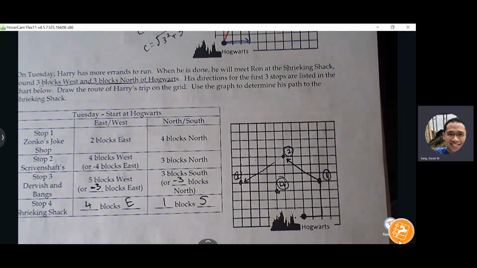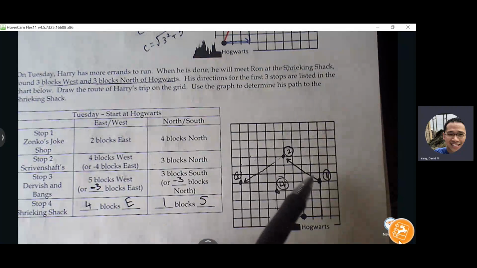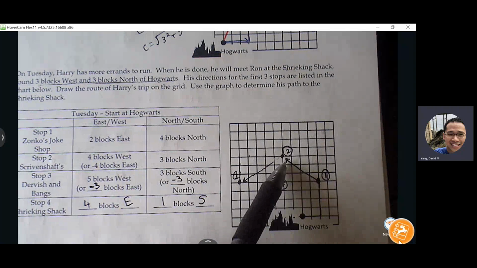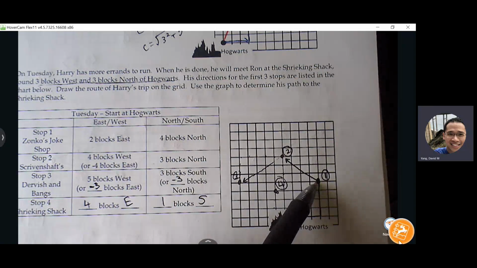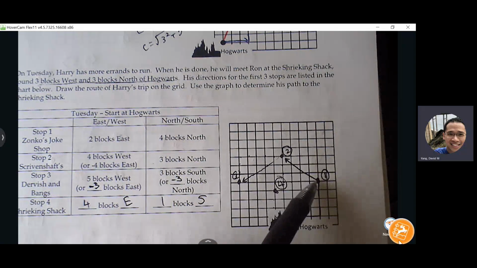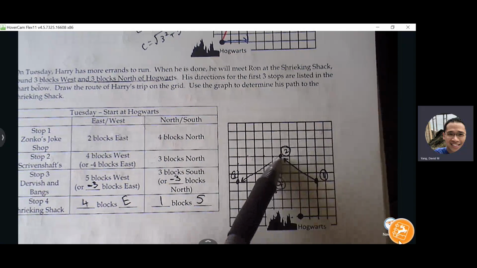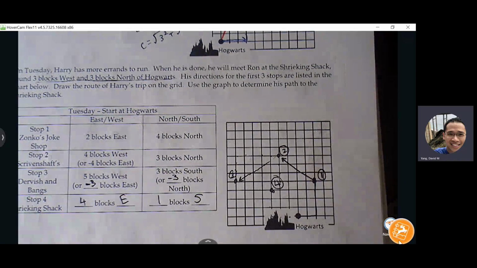Okay, so these all represent vectors in the sense that if we were to draw a straight line from our original location to our destination, these all act as vectors, and each of these vectors has a distinct length or magnitude, and also has a very distinct direction.